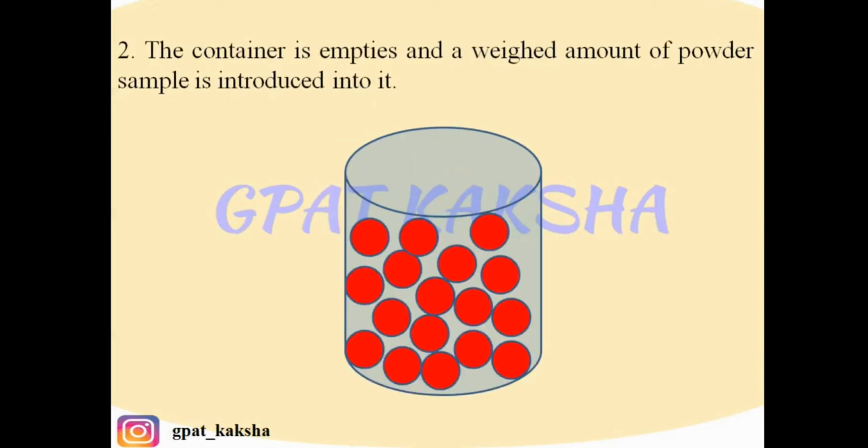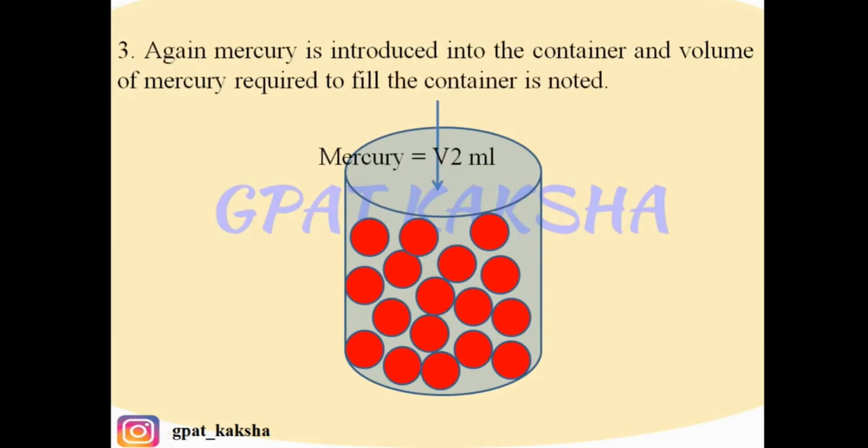Again, the container is emptied and a fixed weighed amount of powder sample is introduced into it. Then mercury is introduced into the container again, and this time too the volume of mercury required to fill the container is noted.